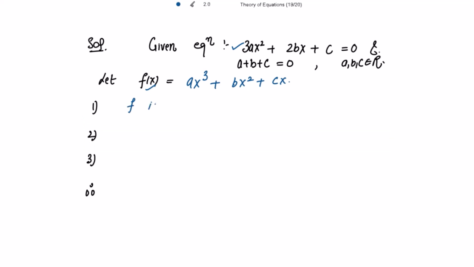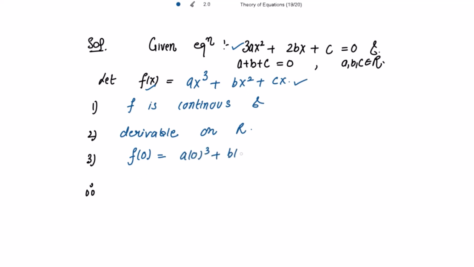So f is continuous and differentiable on the set of real numbers. Then the next condition for Rolle's theorem is that f of a should be equal to f of b for the interval. For the third condition, let's check f of 0. If you put x equal to 0, we get a into 0 cube plus b into 0 square plus c into 0, which gives us 0.